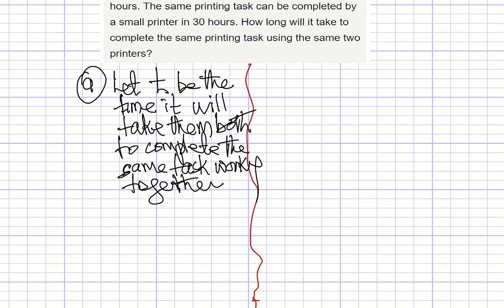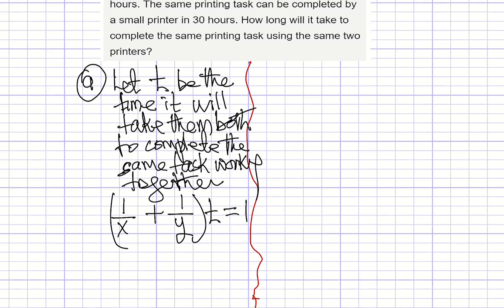Remember that formula I showed you: 1 over X. That's the rate for the first guy, and then the other guy would take like that, and then you multiply it with T, see? And the equal is one job. You remember that, right?